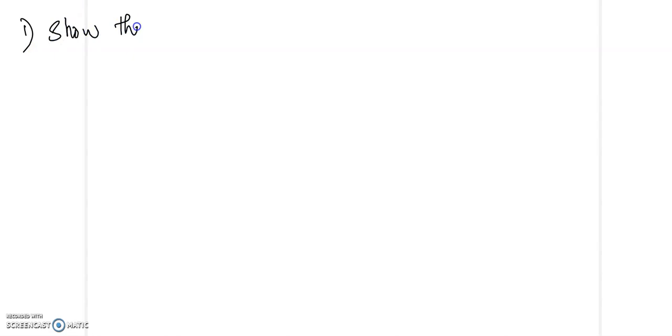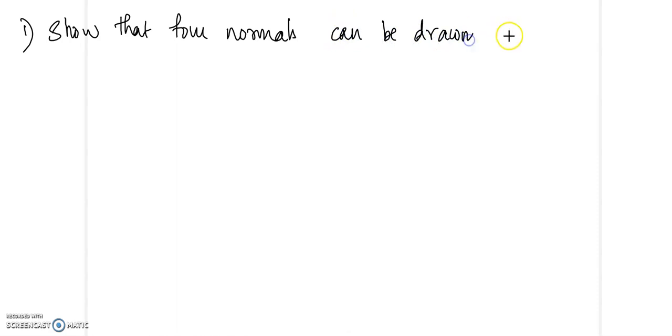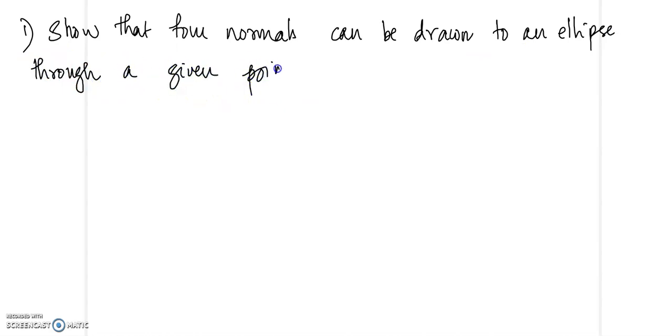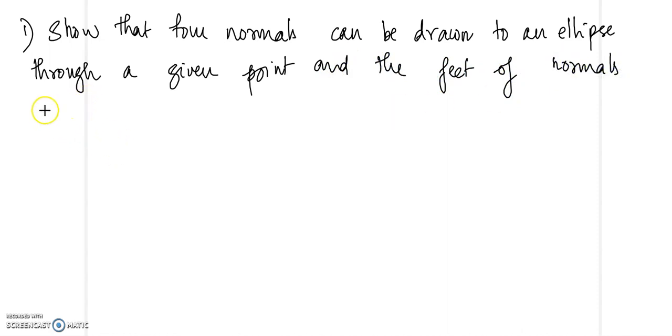Show that four normals can be drawn to an ellipse through a given point, and the feet of the normals lie on a rectangular hyperbola.